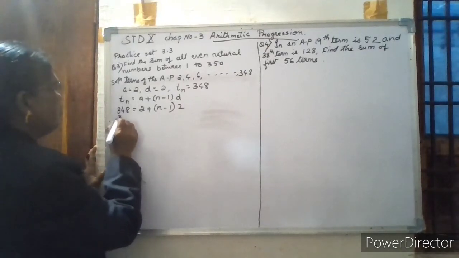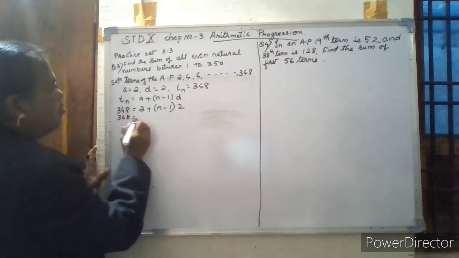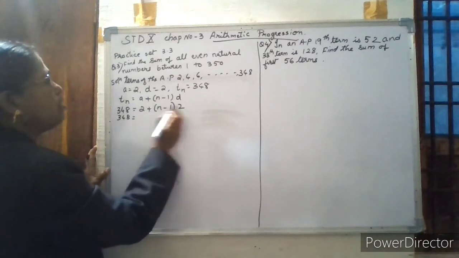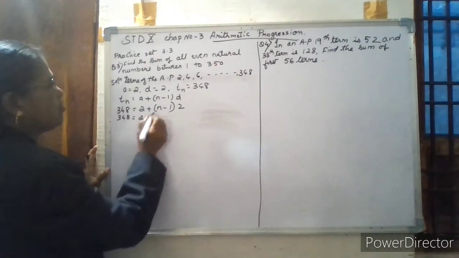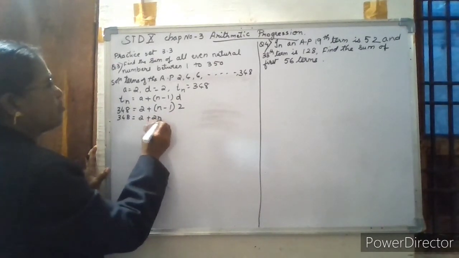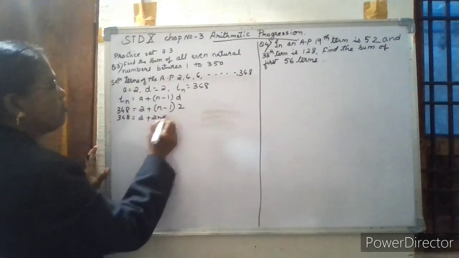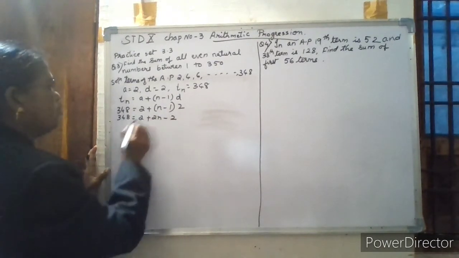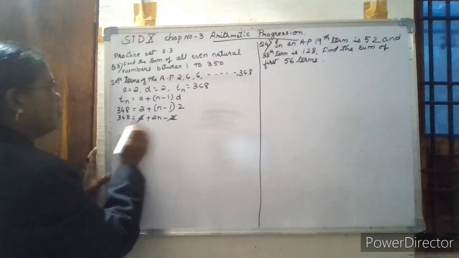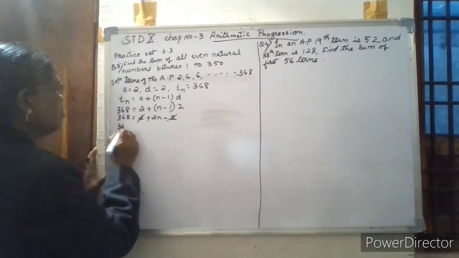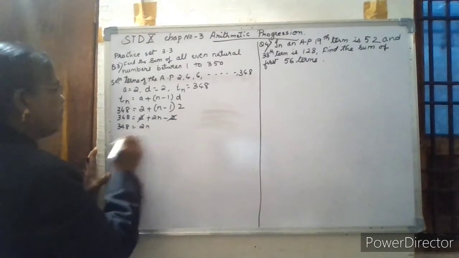Multiply the bracket by 2: 2 plus 2n minus 2. Plus 2 minus 2 cancels. So 348 is equal to 2n.